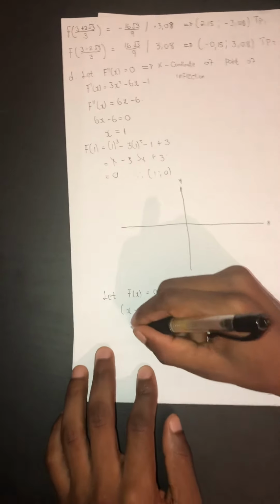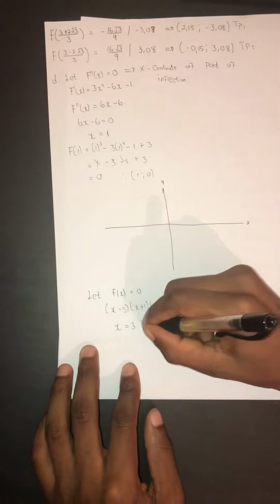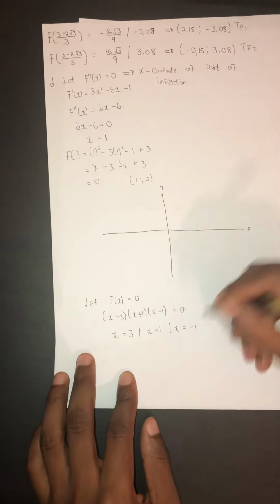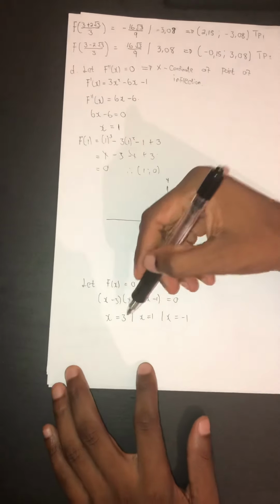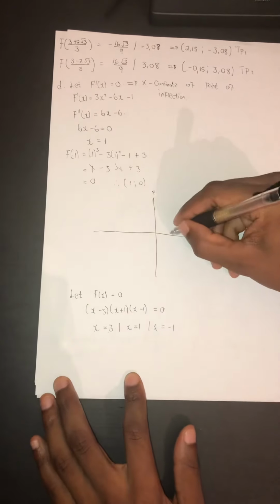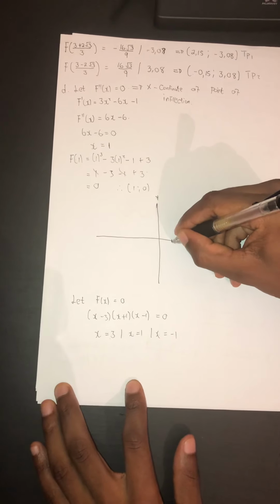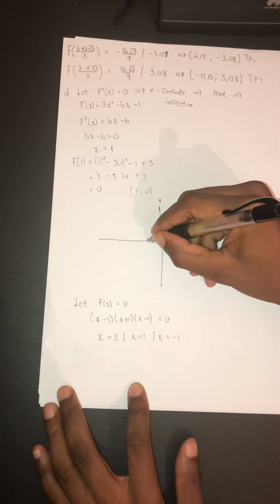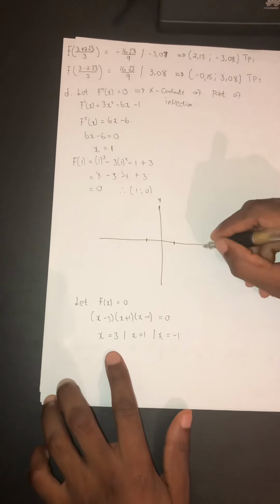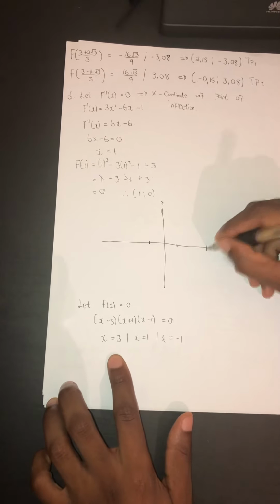All of this is equal to 0. Then it allows me to say x equals 3, x equals 1, or x equals minus 1. So I got all my x-intercepts. If I sketch them here, I will have the 1 here, the minus 1 here, and the 3, let's say here.